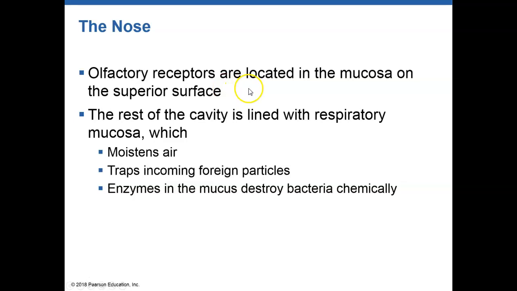There are olfactory receptors at the superior aspect of the nasal cavity. These rest in a region of mucosa. As air comes in, the air gets moistened and it traps foreign particles. The mucus itself and the enzymes in the mucus help to break down any bacteria.